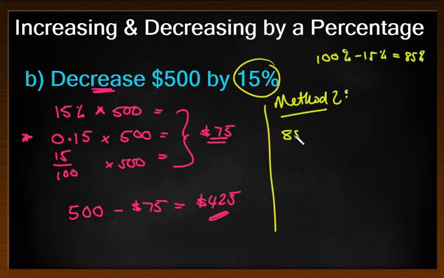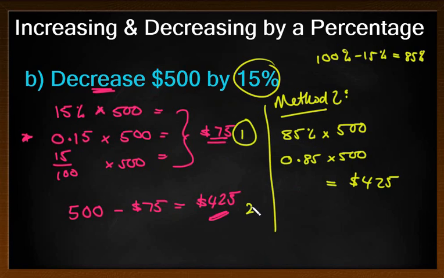So we can find 85% of the $500, or 0.85 times $500, and that calculation will give you the $425 automatically. Again, I hope you got that question right, guys. If you're not getting the second method right, then maybe it's best to stick with that first method. Usually 2-mark questions here, 1 mark for your percentage and 1 mark for your actual answer. That's where your second mark will come from.